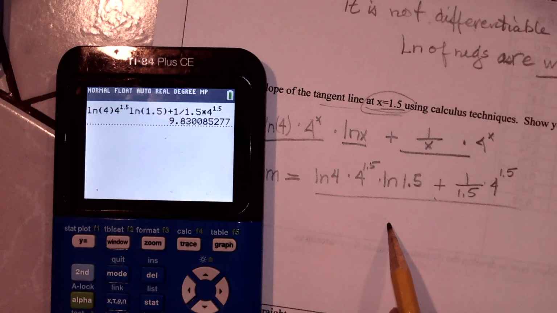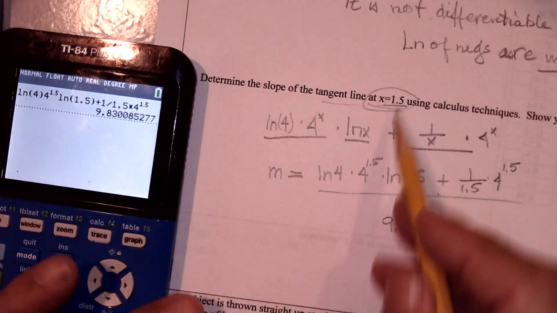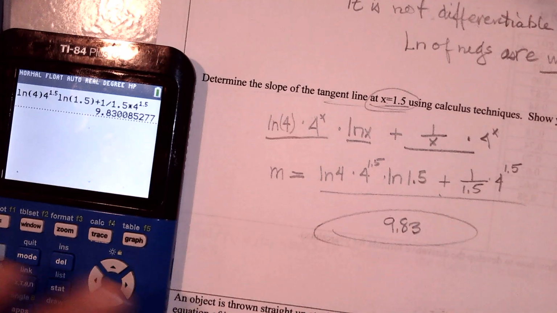And the slope of the tangent line is 9.83 at 1.5.